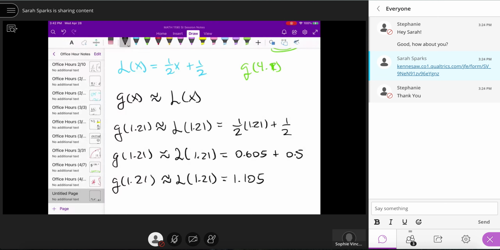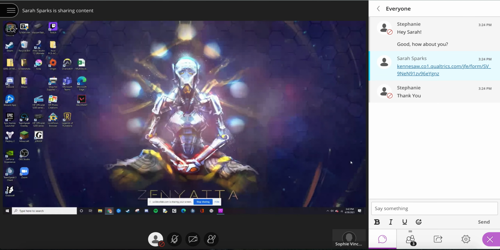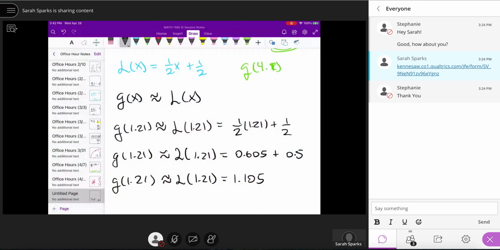Mm-hmm. It is. Could you explain again to me why I plug in 1.21 instead of the square root of 1.21? It's just that part kind of messy. Yeah, so let me pull up the memorization for this exam. Oh no, the screen went. I think that should have been a part on your memorization where it said that g of x is approximately L of x.